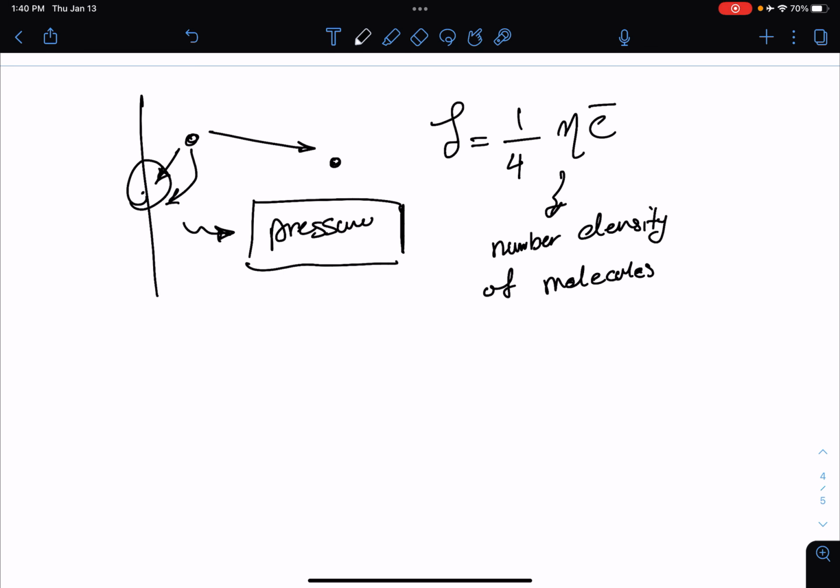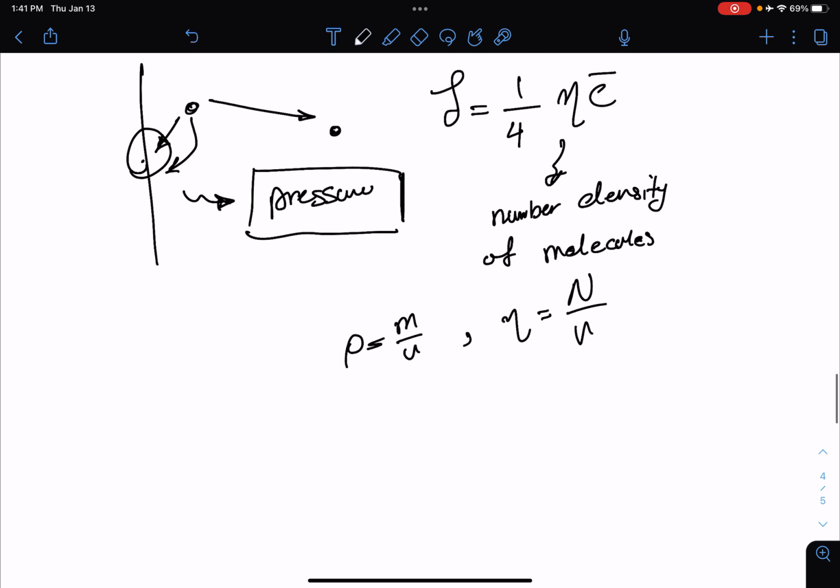Is there anyone in class who can tell me how we can find the number density of anything? How can we find density? Number divided by the volume. Density itself is mass divided by volume. When we say number density, it is number divided by volume. Does it have something to do with moles?